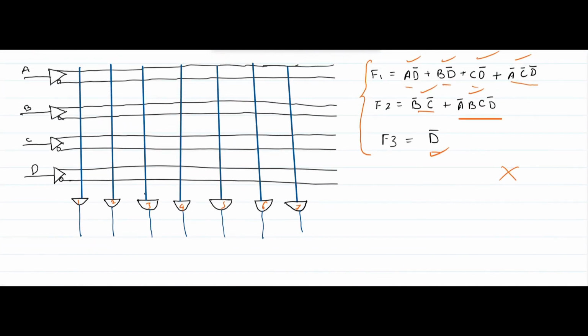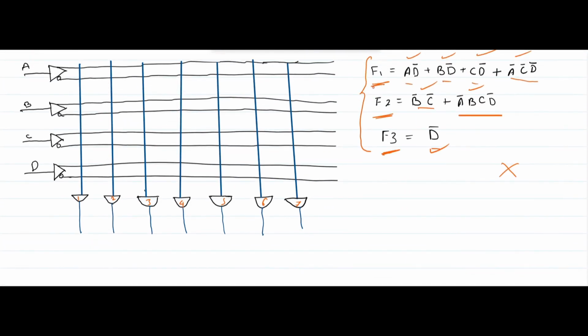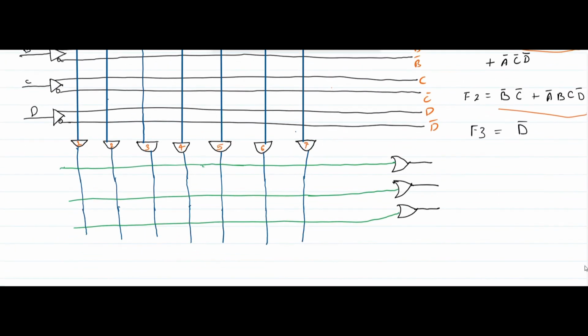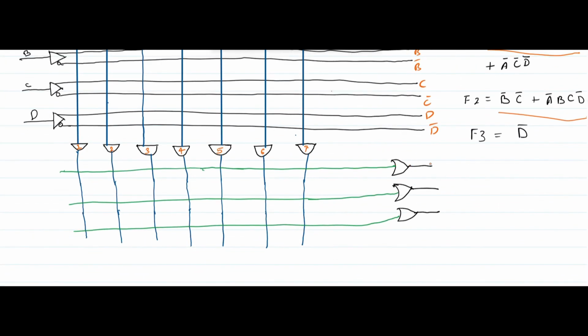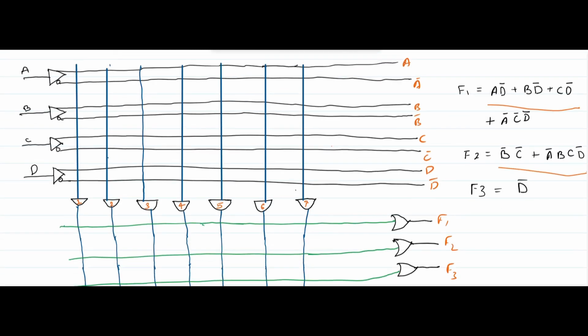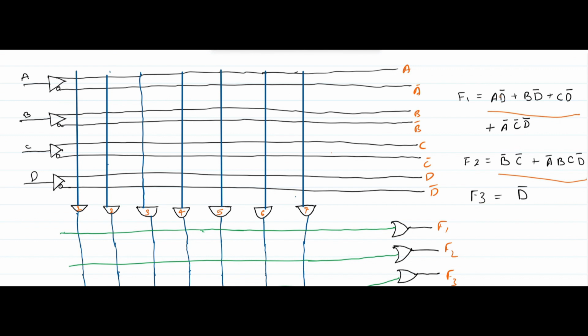If you see here, the number of outputs is 3, f1, f2, f3. Hence we will need 3 OR gates to implement these outputs. So I am having 3 OR gates. This will give f1, this will give f2, this will give f3. Now f1 is nothing but a d bar plus b d bar plus c d bar plus a bar c bar d bar, and none of the terms are repeating here, right?